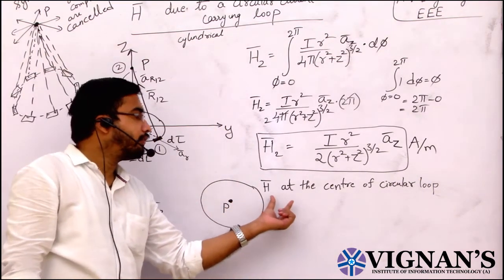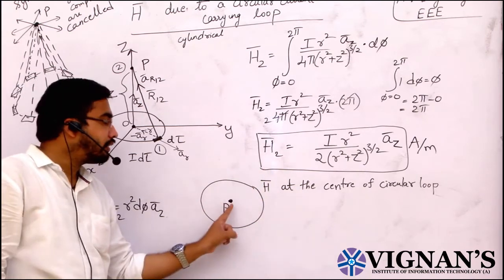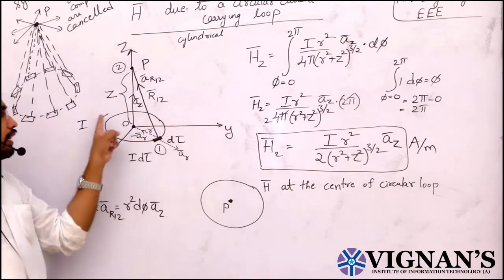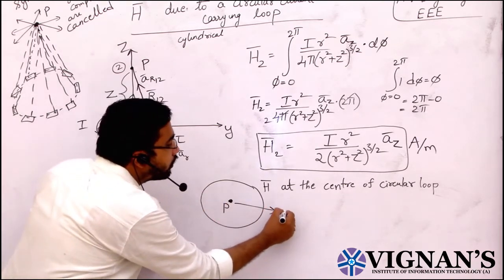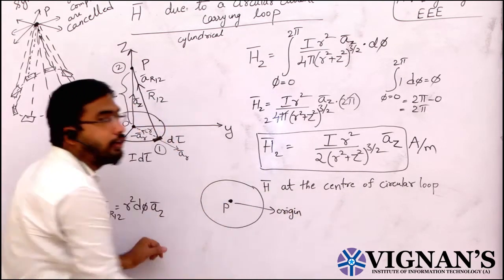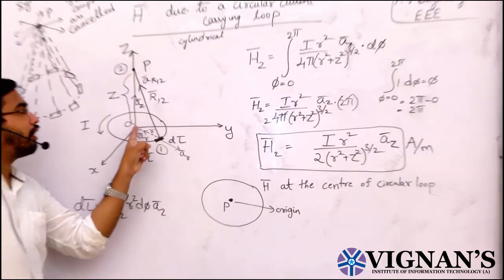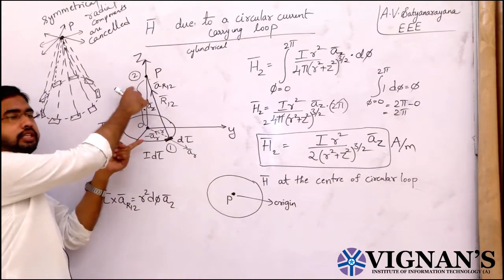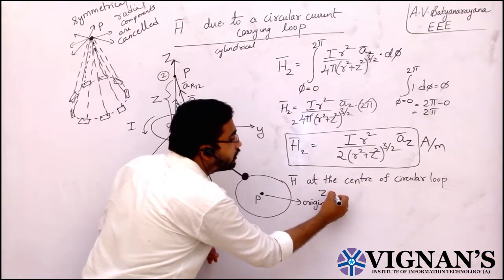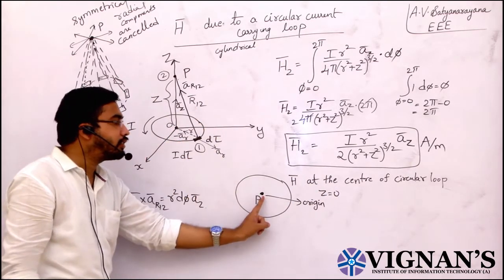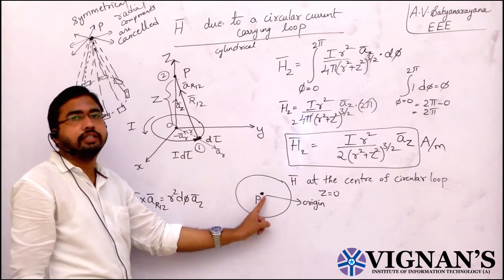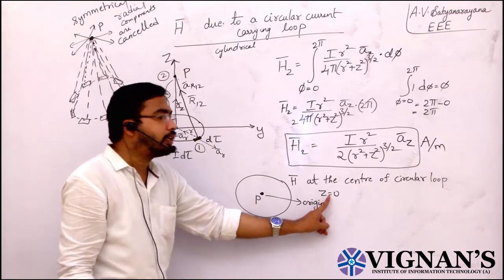So if you want to find H bar exactly at the center of the loop, consider the same assumption. Your center will be the origin. If you shift this point P to the origin, what will happen to this distance? Z will become 0. Remaining all assumptions are the same. So exactly at this point P, if you want to find the magnetic field intensity, the Z value will become 0.